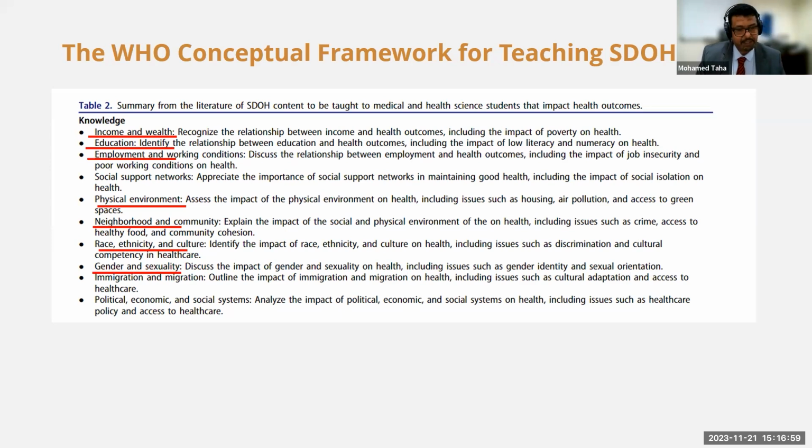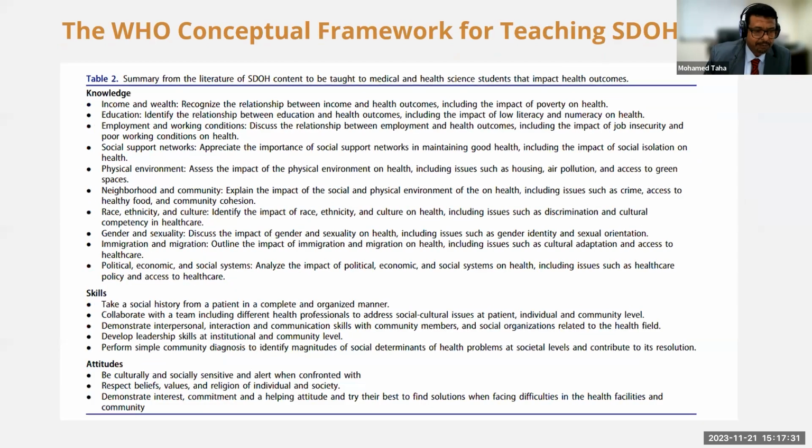Also gender and sexuality, and how gender affects our health, and also the political, economic, and social systems, and how they are important in health, addressing issues such as healthcare policy and access to health. These are the knowledge aspects related to the social determinants of health that should be addressed in the curriculum.